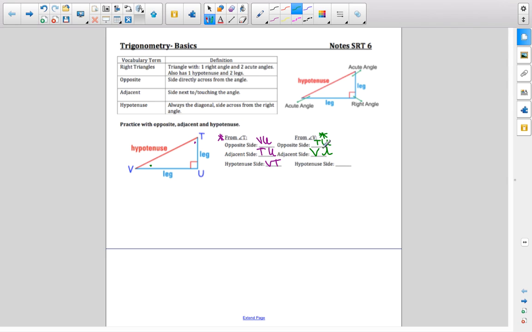Remember, adjacent means right alongside, and the hypotenuse is always the hypotenuse, so that's VT, no matter where you're standing in the triangle. Okay, take a minute to look over this diagram and make sure you can identify the opposite, adjacent, and hypotenuse from each of the acute angles.